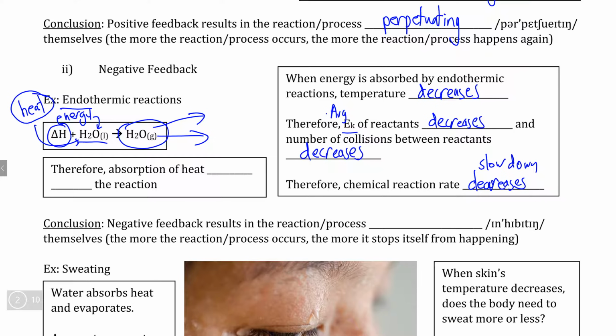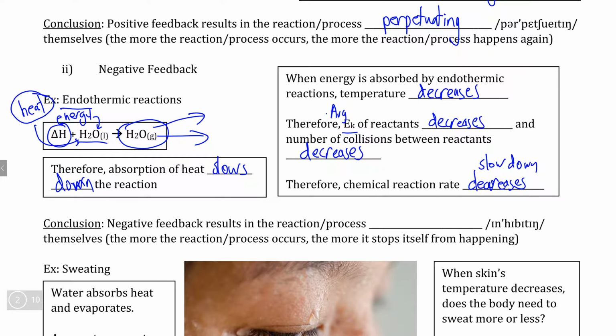Therefore, what we can see here is because we are taking heat out of the reaction system and causing that heat to be lost when this water vapor leaves the reaction system, this absorption of heat is actually going to slow down the chemical reaction and cause it to happen less.